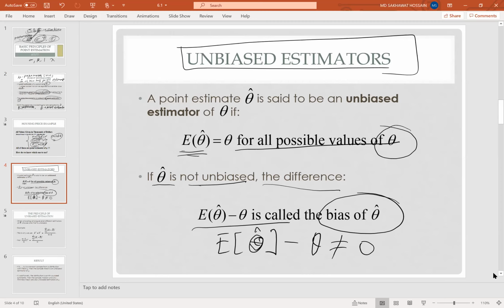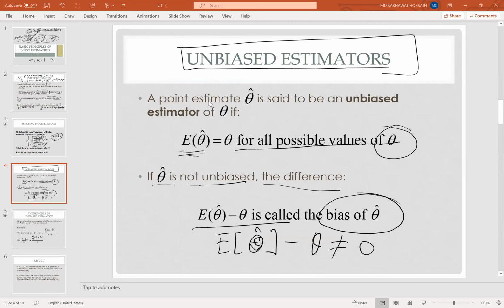Then we'll calculate the variance of the estimator. Then, based on these two things, bias and variance, we will determine which estimator we'll be using to estimate the parameters. This is called the bias-variance trade-off. Okay, so now I'll go back to our calculation of the mean for X bar.